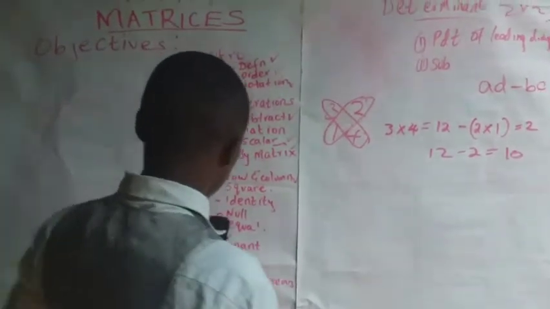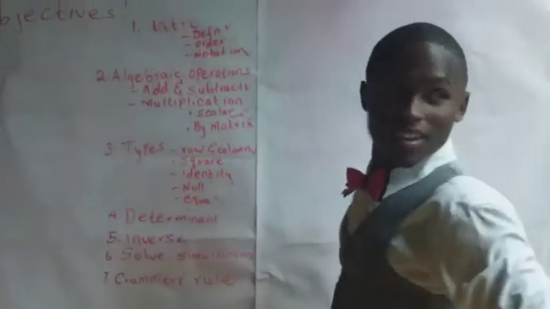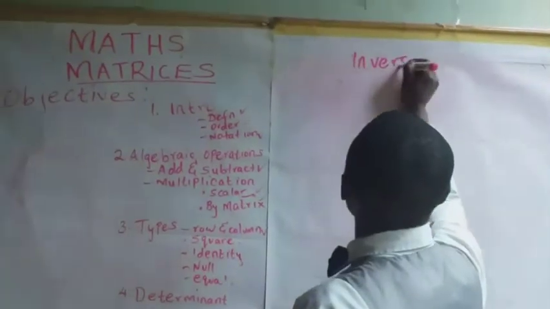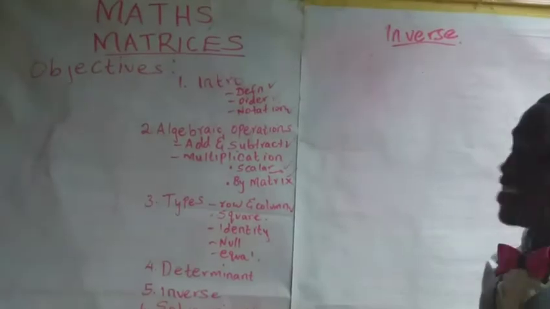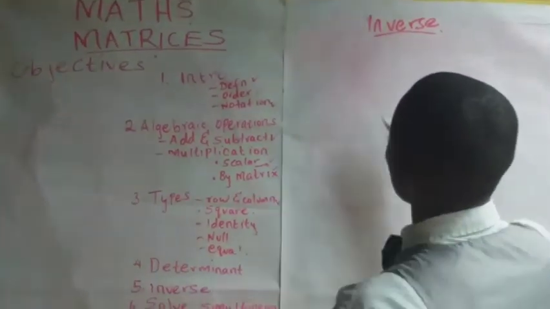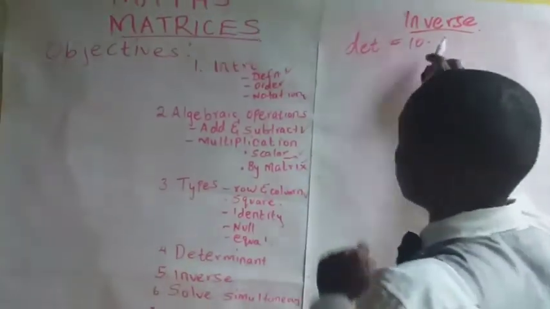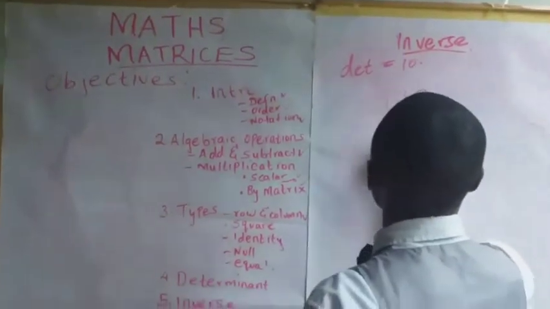Thinking of the inverse of a 2 by 2 matrix, we simply do it this way. The inverse of a matrix can be found by, first of all, finding the determinant of that matrix, 3, 2, 1, 4. That was the matrix that we used.